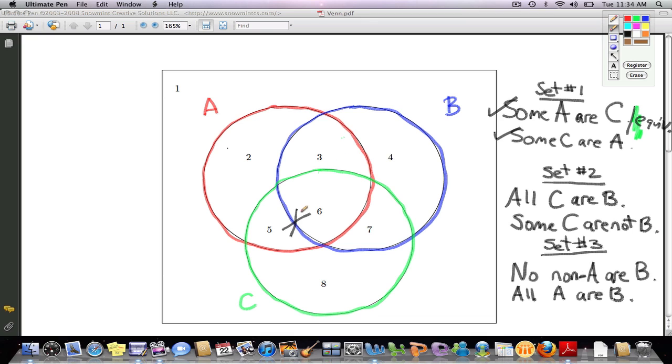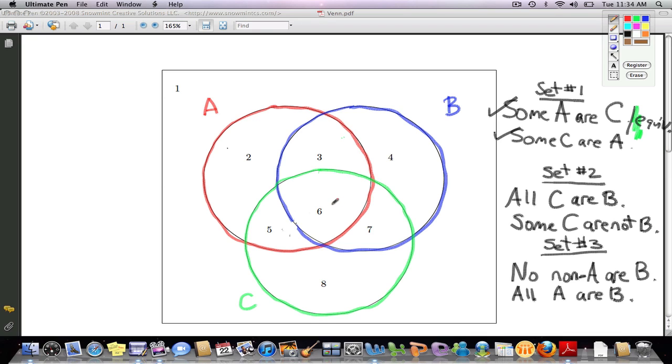All right, let's take that away and take a look at set 2. Think about how to diagram those two claims there. First we have all C are B. As we've learned, and let me emphasize one more time, focus your attention on the C's in all these cases in case you're having issues or getting confused. In this case it helps you avoid diagramming all B are C, for example.